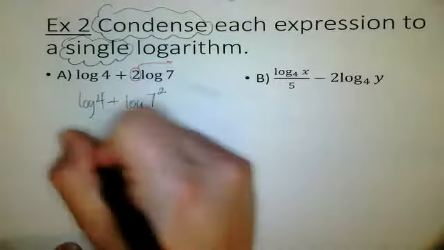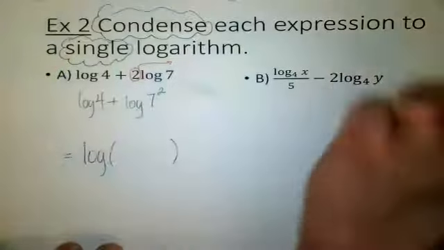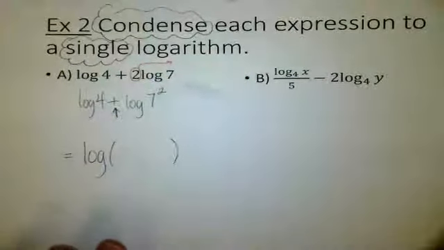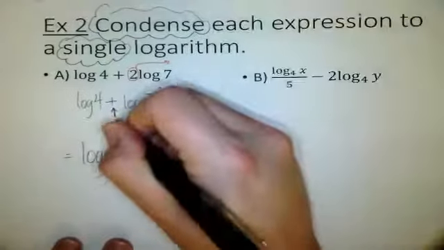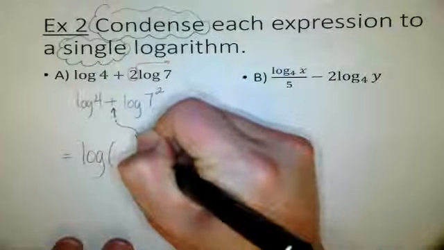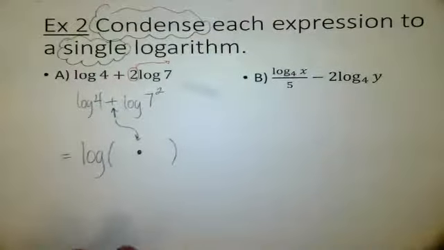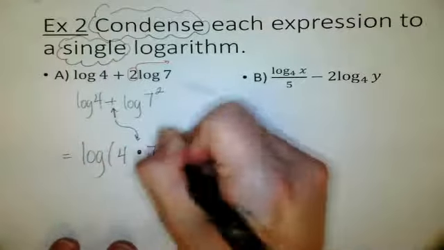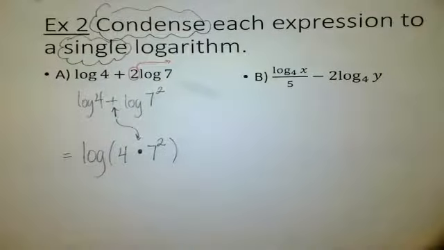Just 1 log, a single log. Now, this addition sign, which property allows us to add the logs? The product property. So that addition turns into a product. What are we multiplying? 4 times 7 to the second power.